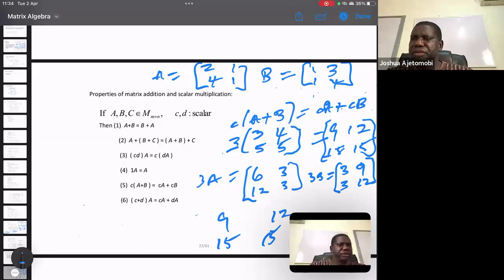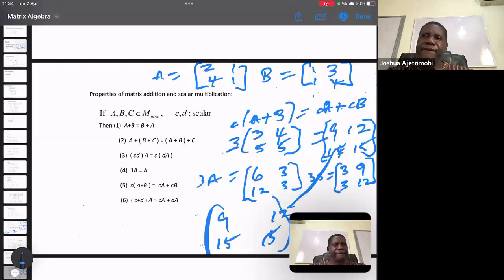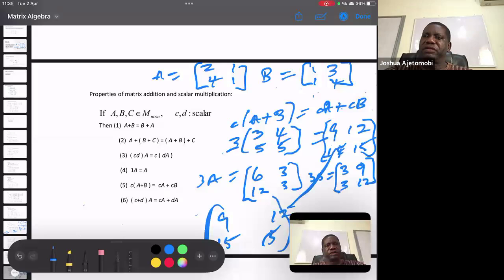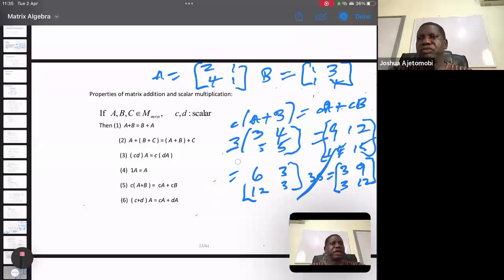This is the same as what we have here. So you can try it with several other examples, and you will see that that condition exists.